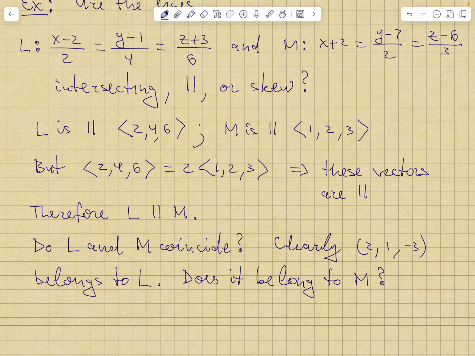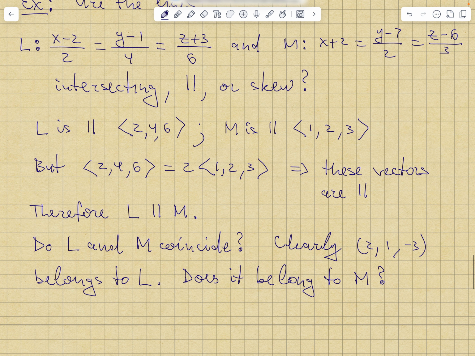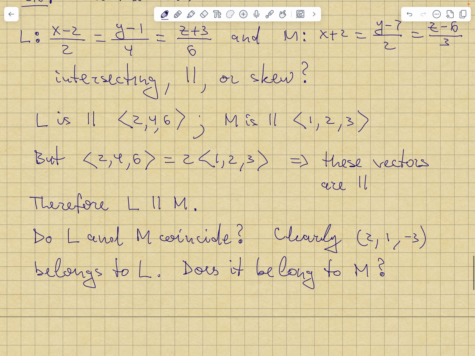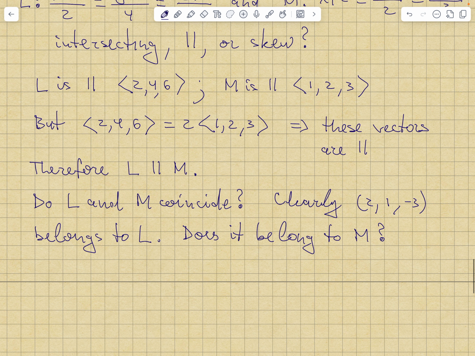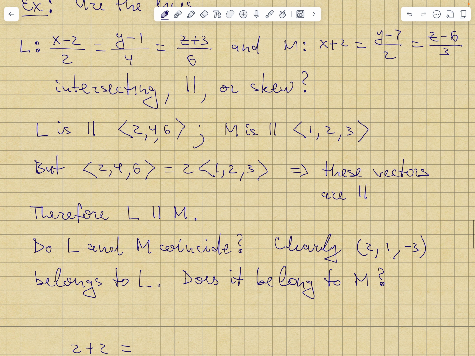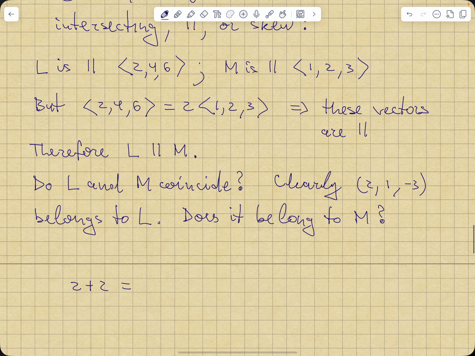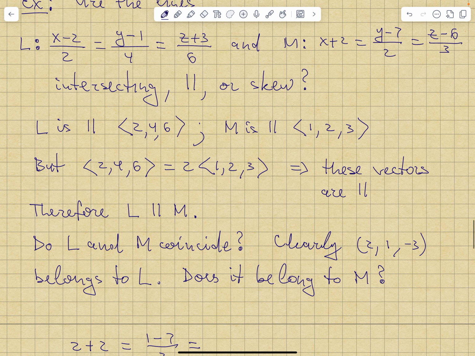So we're going to check if x plus 2, so 2 plus 2, is equal to 1 minus 7 over 2, and that is equal to z, which is minus 3 minus 6 over 3.